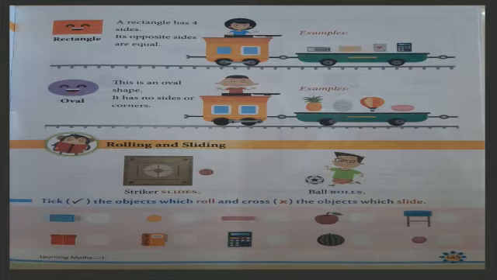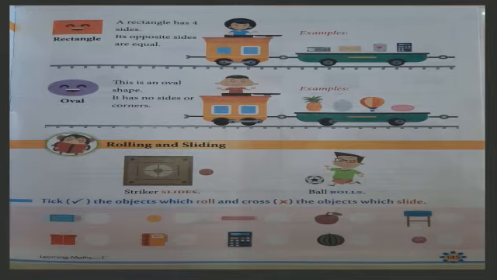Yes, the properties of circle and oval are same. They don't have sides and corners. But the difference is that oval is not the perfect circle. The well-known example of oval is egg, pineapple, computer mouse. Yes, these are the examples of oval shape.